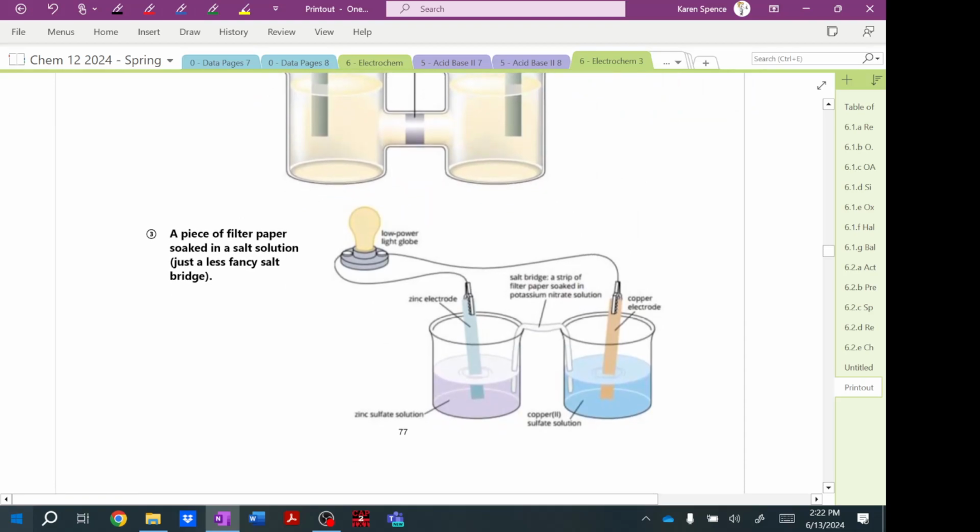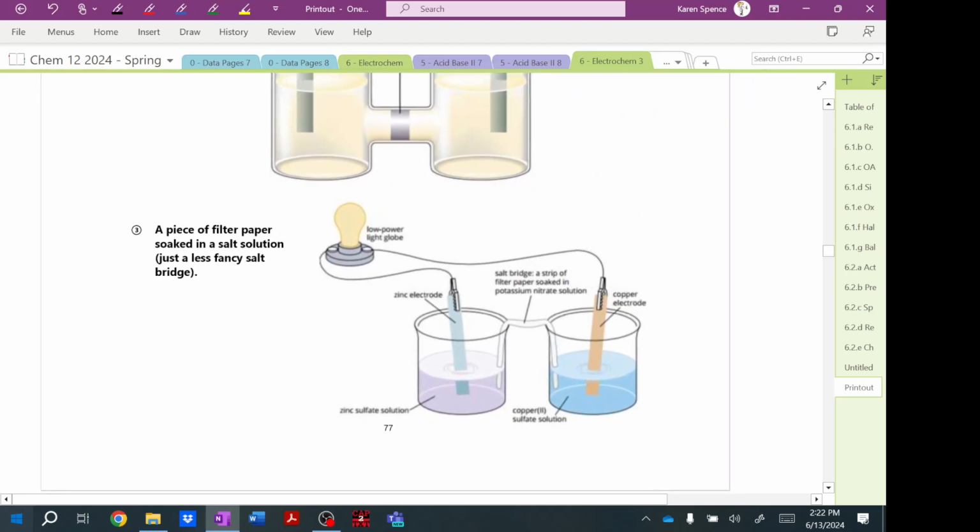And if you're feeling like you don't have a lot of money to spend on glass U-tubes, you can use a piece of filter paper or even a piece of paper towel. What you would do is roll up this paper towel and soak it in a salt solution.